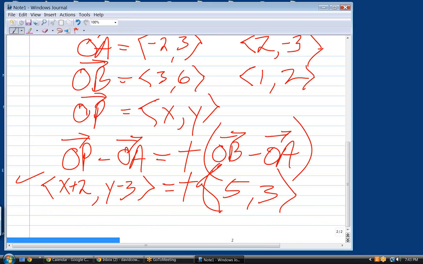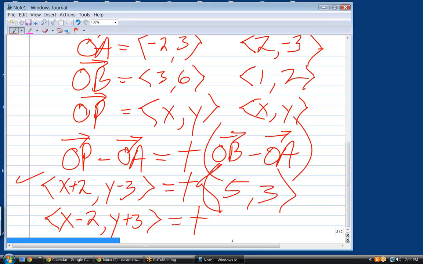So we're going to say the vector that represents OP minus OA, remember OP is x and y, must be x minus 2, y plus 3. That's the vector OP minus OA. That has to be some scalar multiple of the vector OB minus OA. Well, what is OB minus OA?